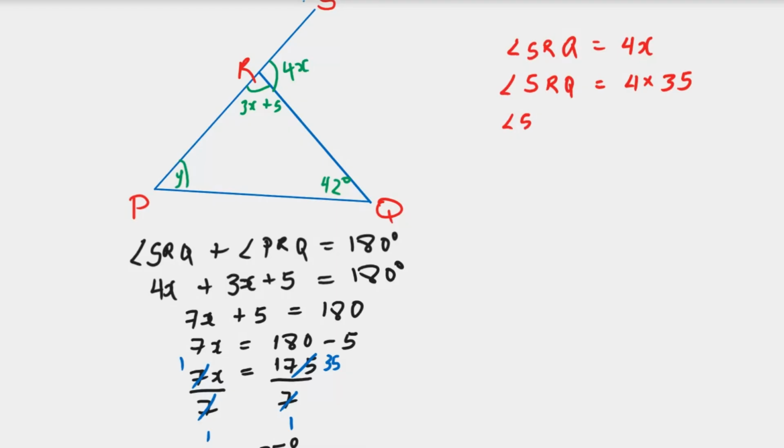When you multiply 4 by 35, you're going to get 140 degrees. So that means angle SRQ is 140 degrees. That can help us find the value of y. Let's do that.